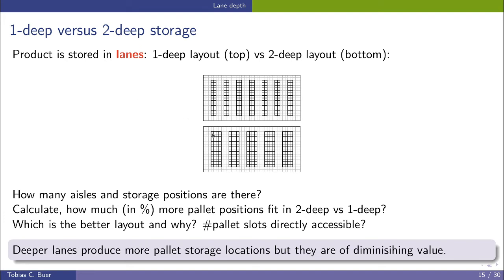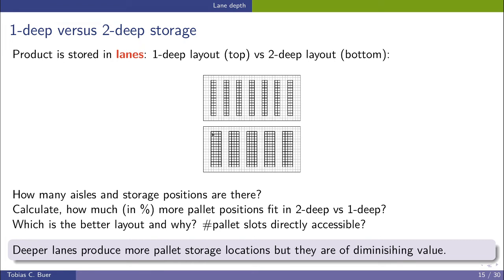So we count the depth of a lane as the first position and the second position. This is not a 4 deep lane, this is only a 2 deep lane, because we can access from the left and we can access from the right. And in a 2 deep lane the same SKU should be stored.